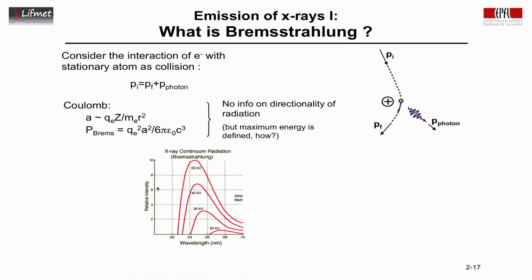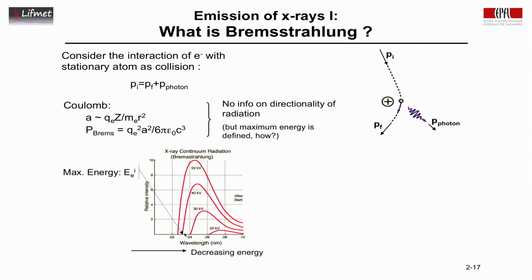If we now look at the relative intensity of this Bremsstrahlung as a function of wavelength, we have decreasing energy to the right, so the highest energy is on the left. We can see here the maximum energy for a voltage of 50 kilovolts is 50 kiloelectron volts. This is the maximum energy that we have here. As we decrease the voltage to 40 kilovolts, the maximum energy is reduced.